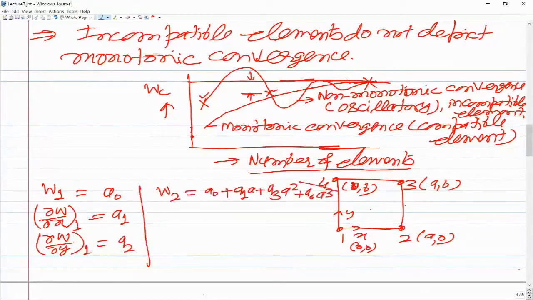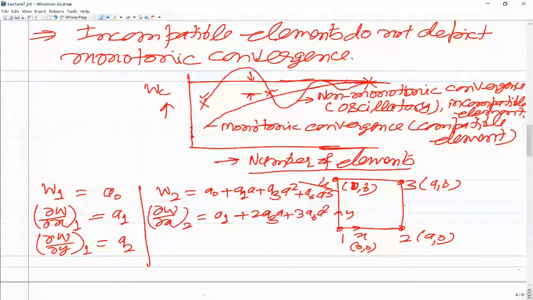Then for del w by del x at node 2, first differentiate the expression for w with respect to x, and then put x equal to a and y equal to 0. You will get a1 plus 2 a3 into a plus 3 a6 into a square. And similarly, del w by del y at node 2.